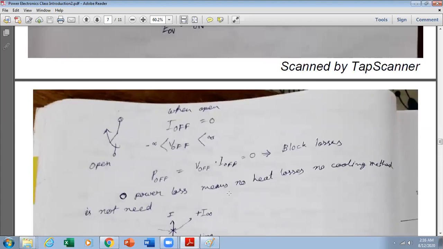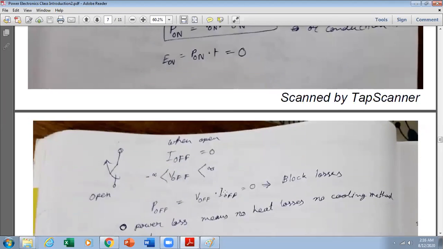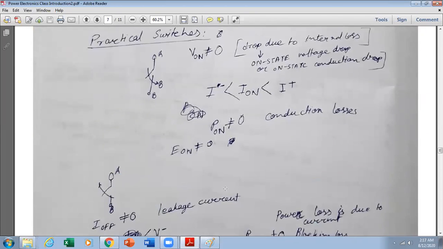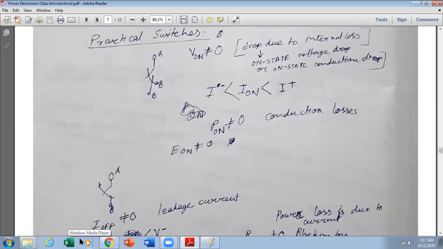During the ideal case, V1 was zero. But for practical cases, it will have some definite value. That is actually the loss, the drop due to internal loss or on-state voltage loss, also called on-state conduction loss.